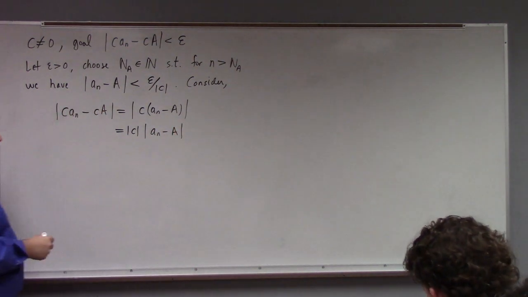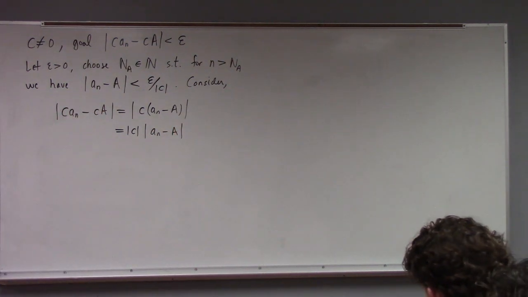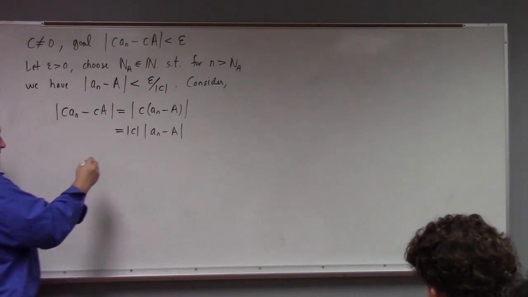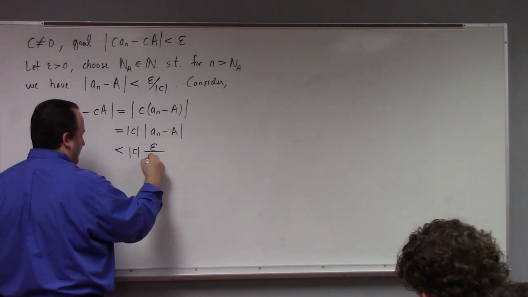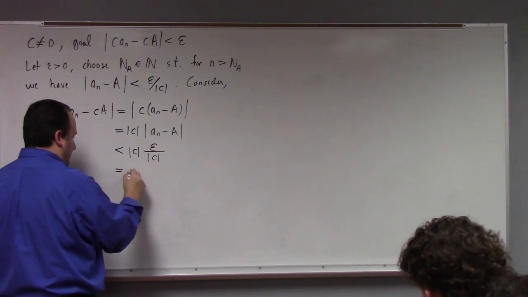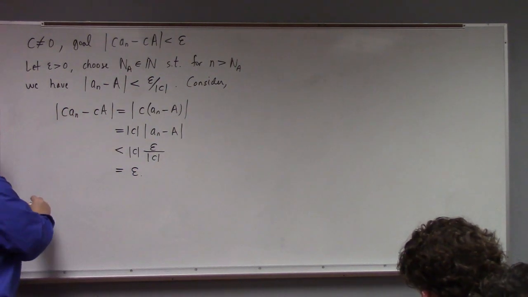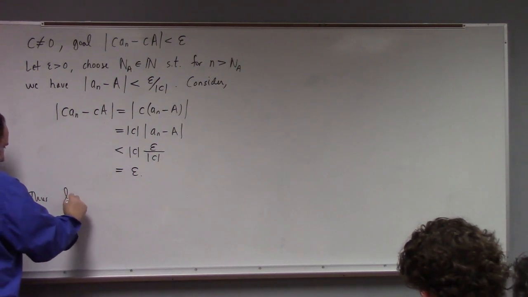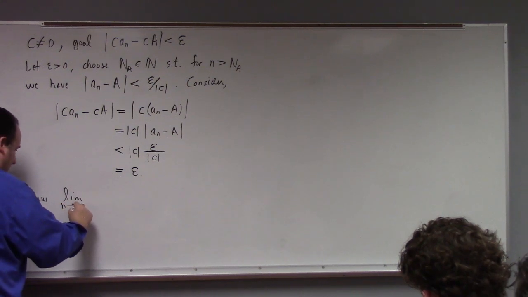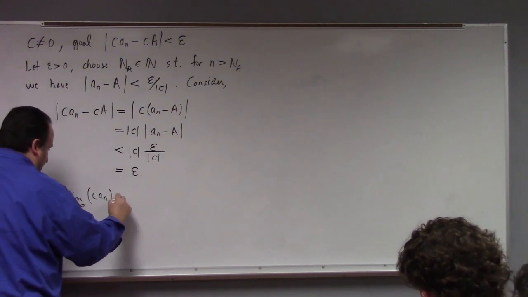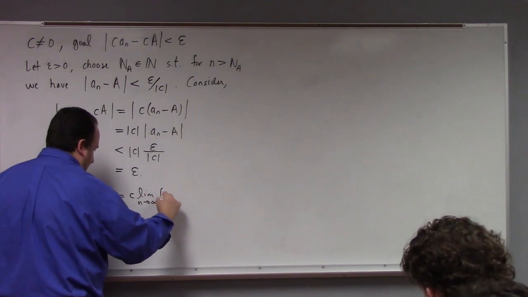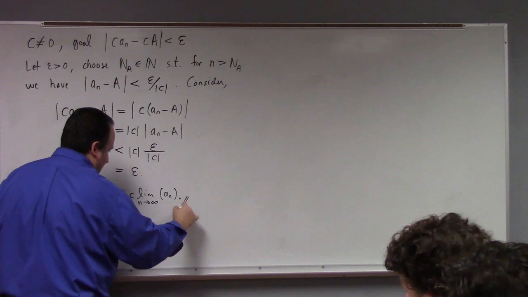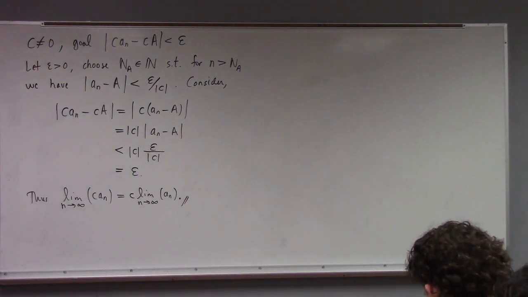And we assumed that that was less than epsilon over the absolute value of c, so we get less than the absolute value of c times epsilon over the absolute value of c, which is of course equal to epsilon. Thus, the limit as n goes to infinity of c times a sub n is equal to c times the limit as n goes to infinity of a sub n. And so there you go. There's a proof of 1 and 2.